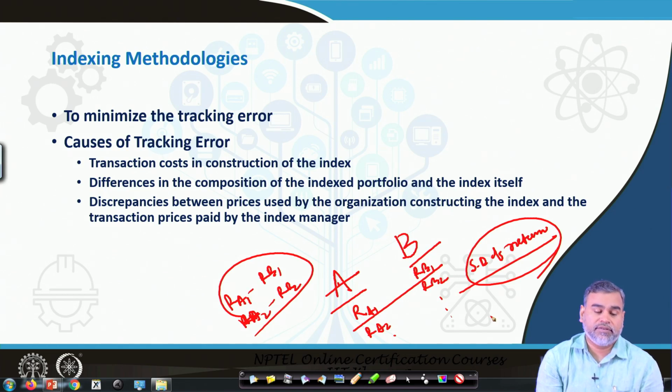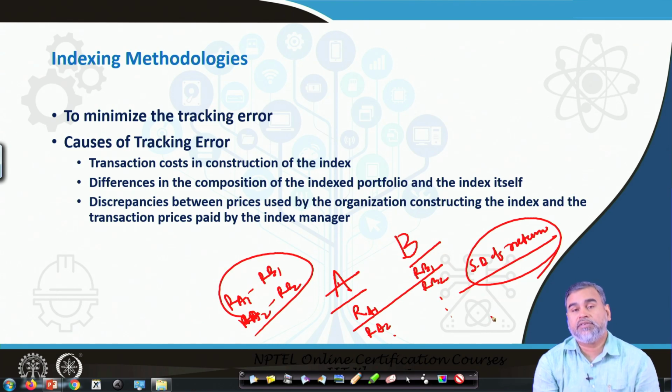And another thing is there may be a discrepancy between the prices used by the organization which is constructing the index and the transaction prices paid by the index manager. Whenever the construction is made, there may be price differences in terms of the allocation of the funds we are making.